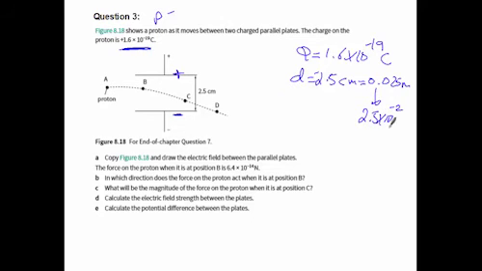This means that we are dividing by 100. Now copy and draw the electric field between parallel plates as usual. Electric field from positive to negative. This is the direction of the electric field. Now, in which direction does the force on the proton act when it is in position B?